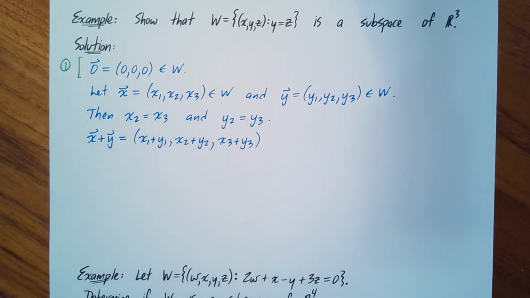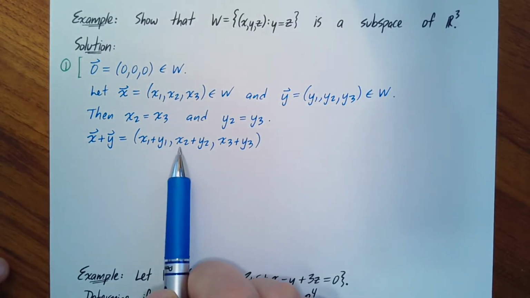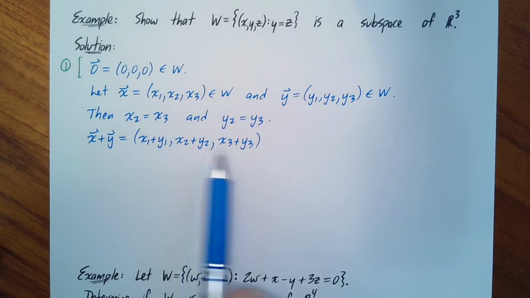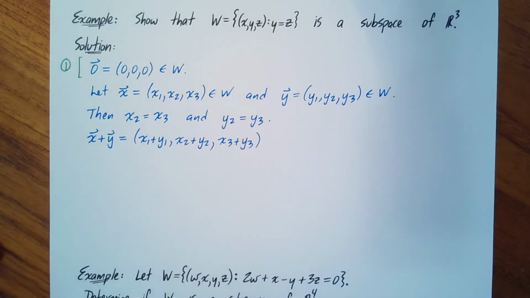We need to justify and convince whoever's reading our work that x2 plus y2 is equal to x3 plus y3. And typically what you're going to use at this stage, and you might already see why it's true, and that's great, but try to think about this procedurally.